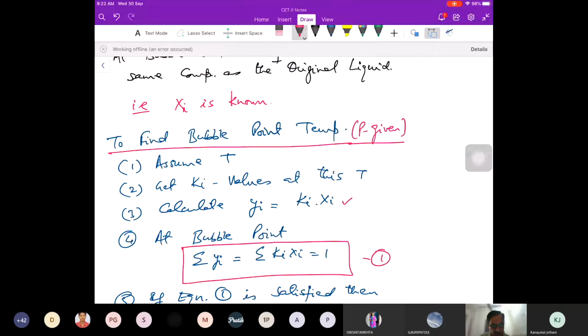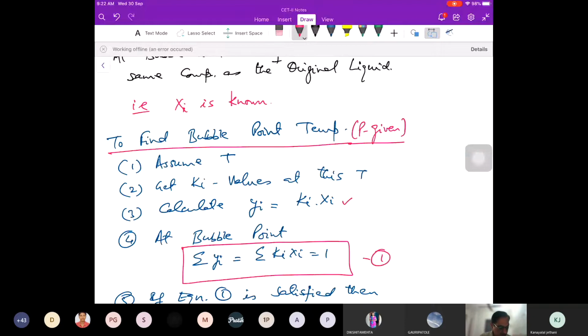So for the vapor, if you are calculating y1 and y2, in a binary system y1 plus y2 is equal to 1, because sometimes if the temperature is not selected correctly, we will not get y1 plus y2 equal to 1. So the condition to be satisfied at bubble point is that summation of yi is equal to 1.